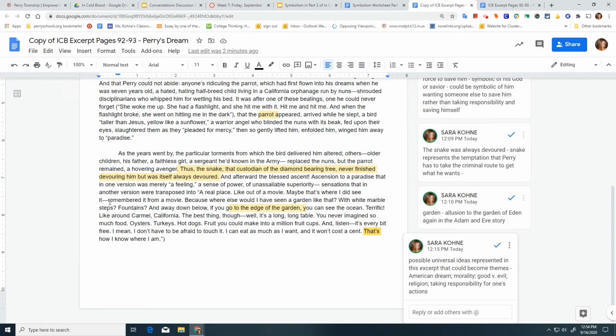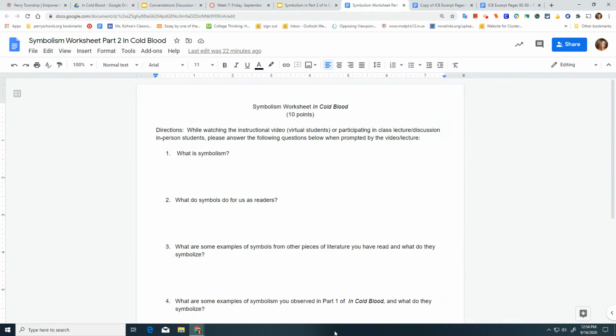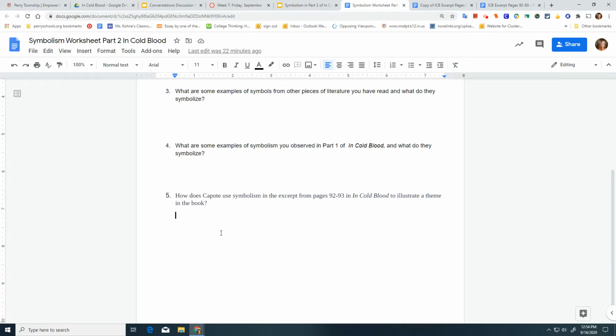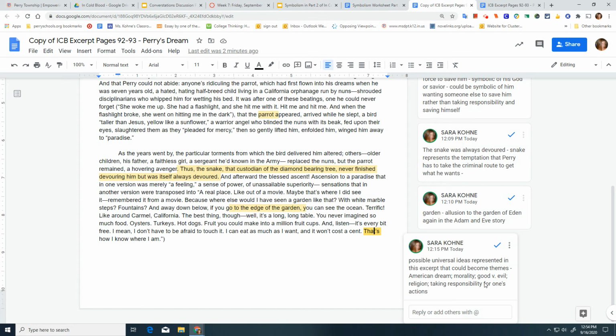Now, your job is to answer the last question on the worksheet. So here's what your worksheet looks like. You've already answered questions 1 through 4. Now you're going to answer question 5. How does Capote use symbolism in the excerpt to illustrate a theme in the book? Focus in on the symbolism in this excerpt, and then turn one of these, or even something else that you might see, a universal idea, into a thematic statement.